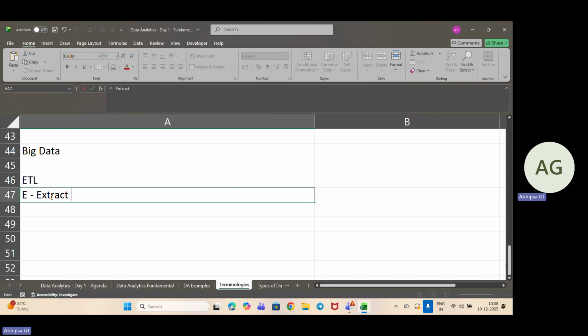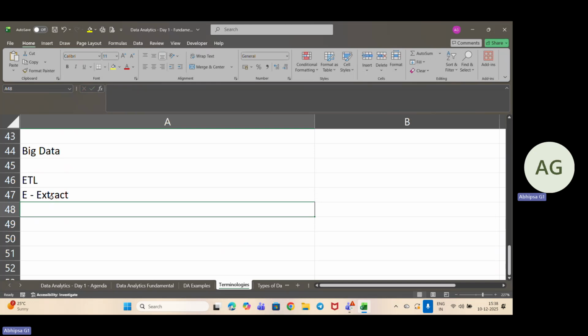We can get the data directly from a database, from Excel or Google Sheets, or any other platform. We can also get data that is written in a manual way, right? So when we are getting data from different sources and putting it all together, that is extract.